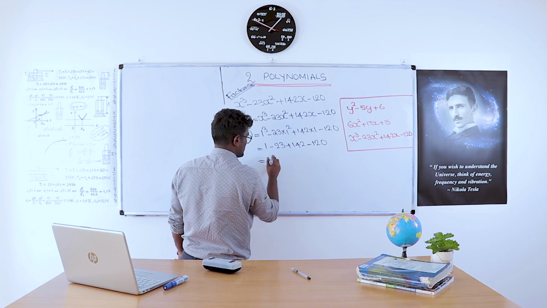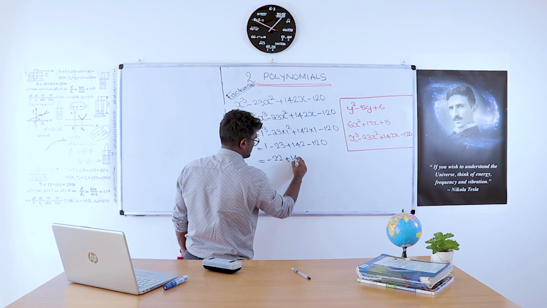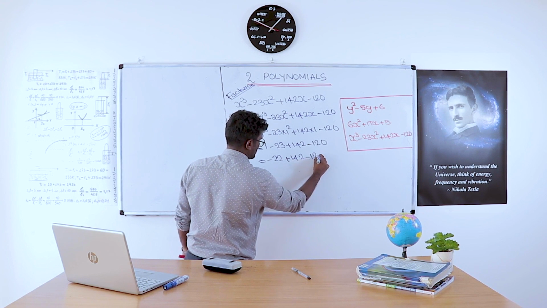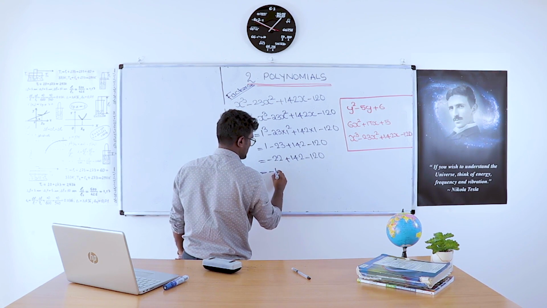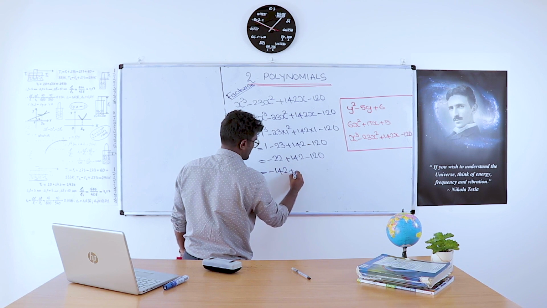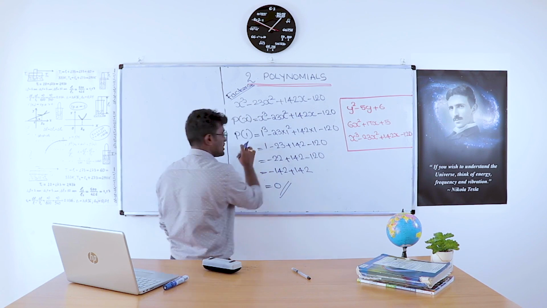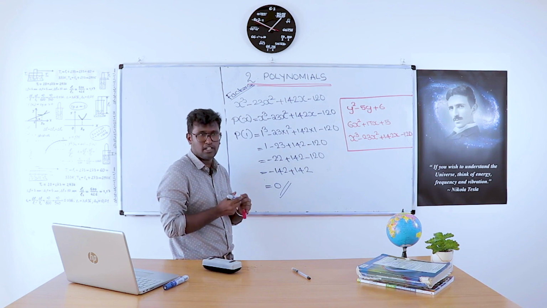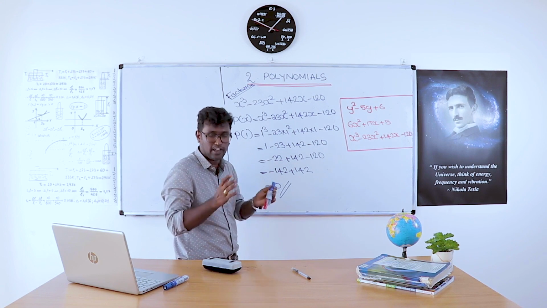So 1 minus 23 is minus 22, plus 142 minus 120. Minus 22 plus minus 120 is minus 142, plus 142 is equal to 0. That means P of 1 is 0. According to the remainder theorem, if P of 1 is 0, then x minus 1 is a factor.